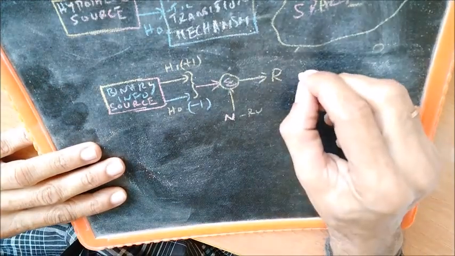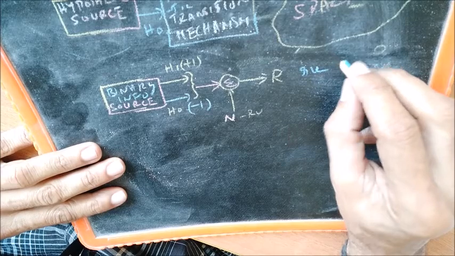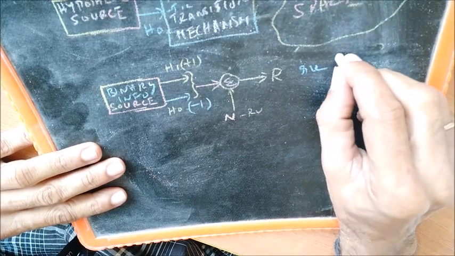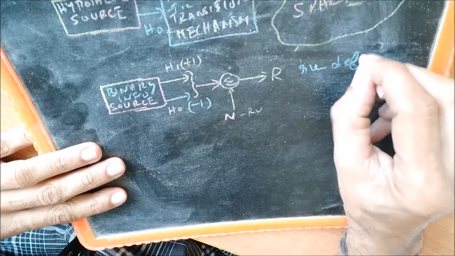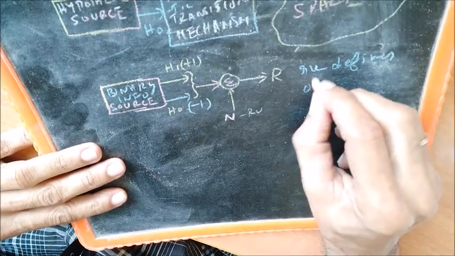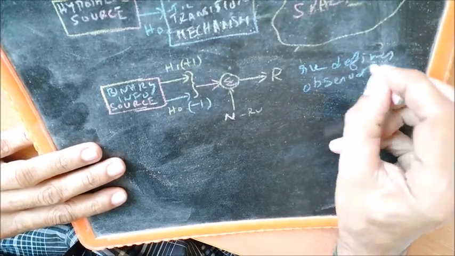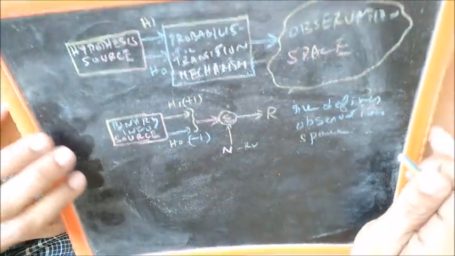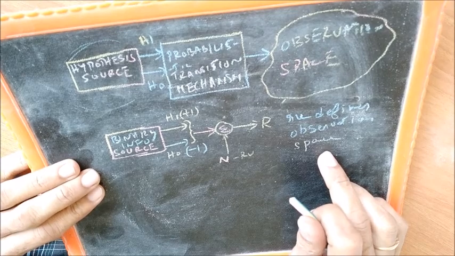Now this received random variable is the one which defines the observation space.